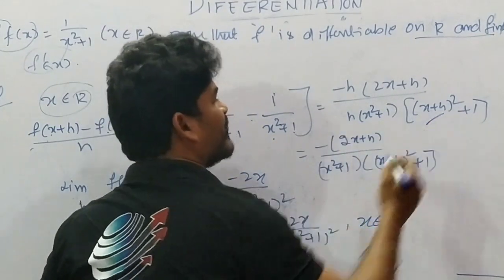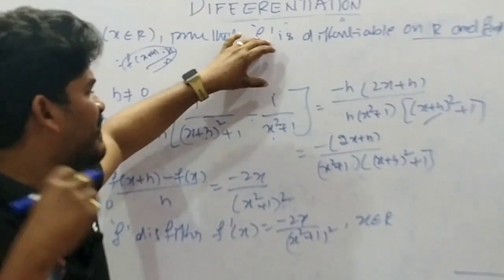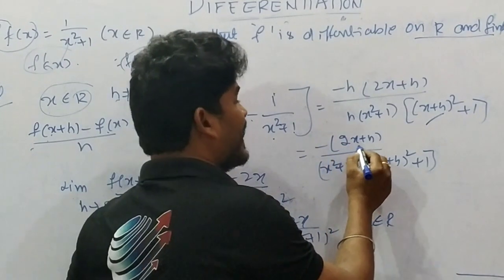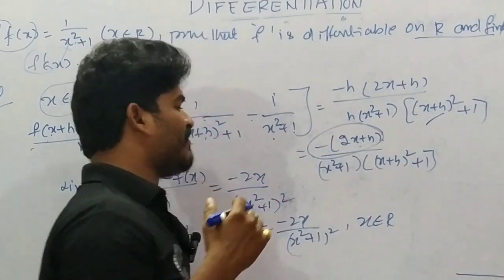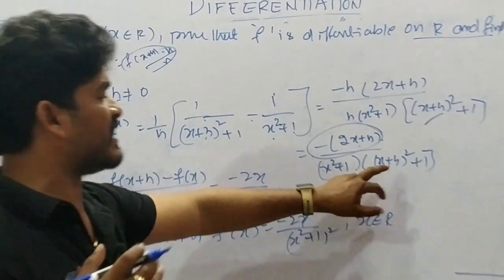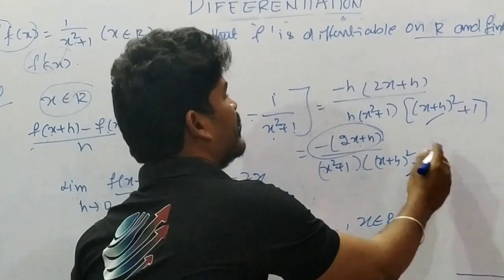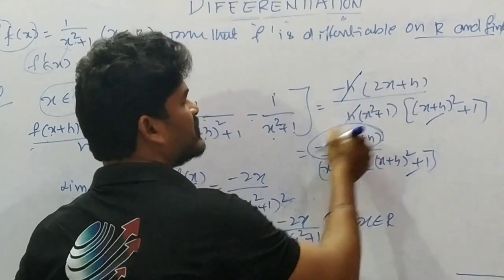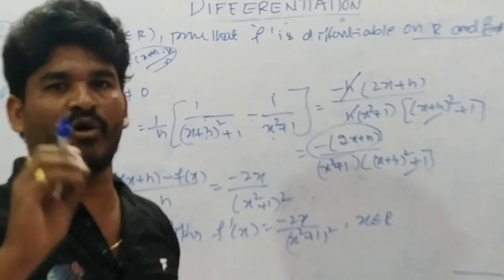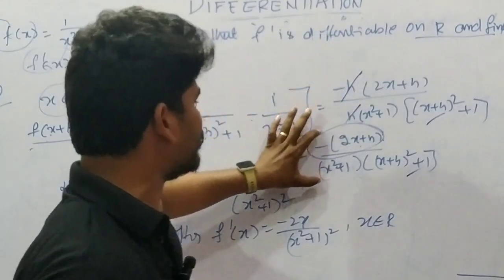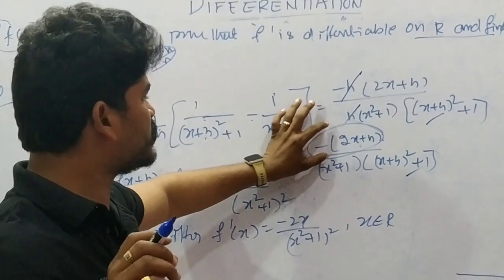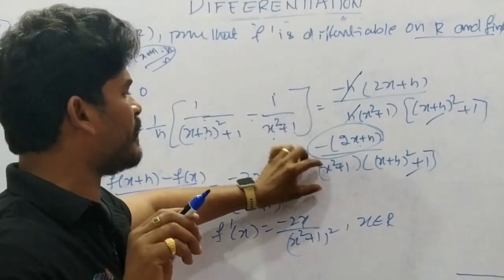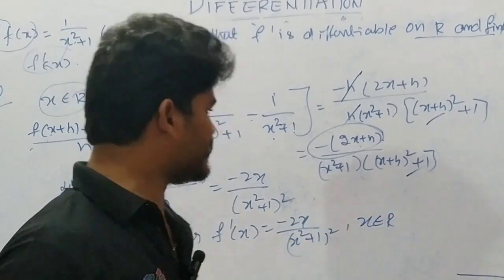Comparing this equation, the numerator is minus 2x plus h, divided by x squared plus 1 into (x plus h) whole squared plus 1. From this equation, the h value in numerator and denominator cancels. Finally we get minus 2 into x plus h divided by x squared plus 1 into (x plus h) whole squared plus 1. This is the value.